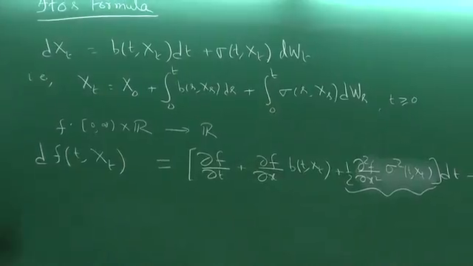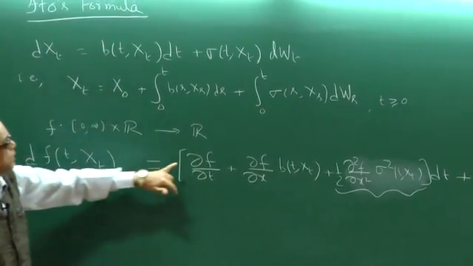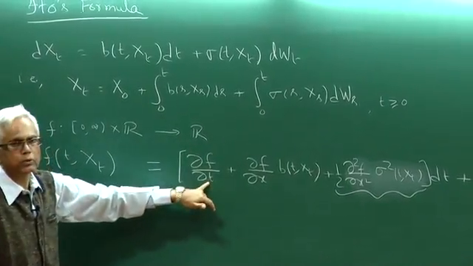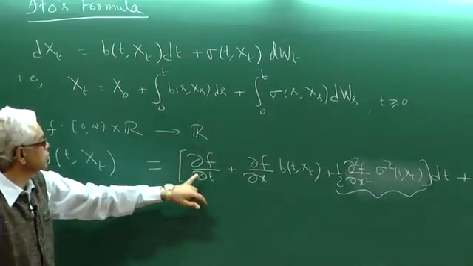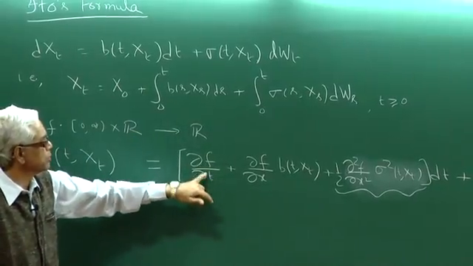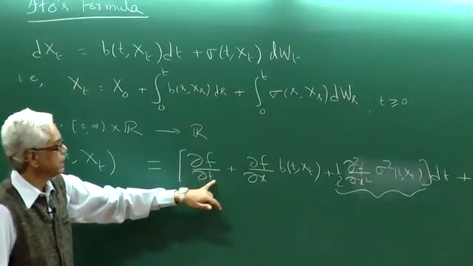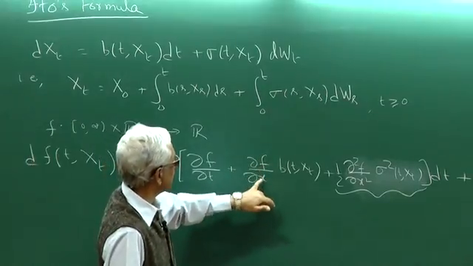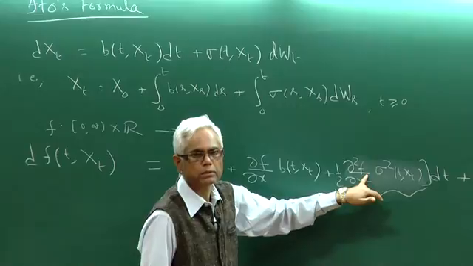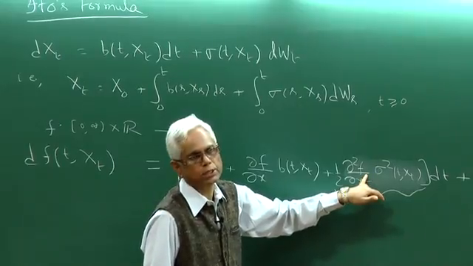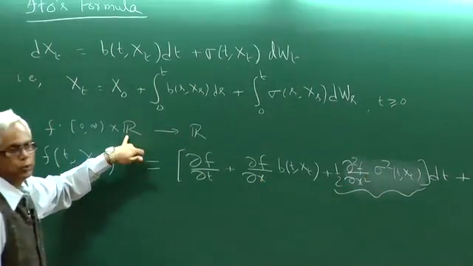So you need some property of f, right? We are differentiating f with respect to t, so it must be continuously differentiable with respect to time. And here we are differentiating f with respect to x twice, so it must be twice continuously differentiable with respect to x.